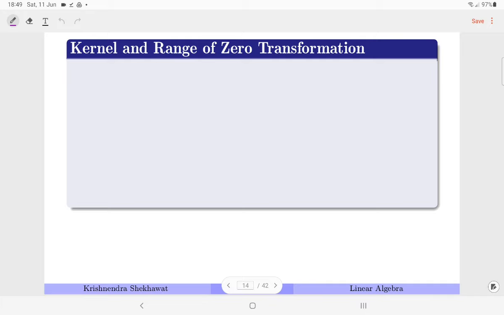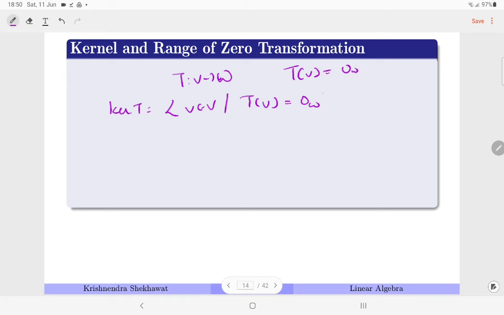Recall the zero transformation which takes all the vectors to the zero vector. T is from V to W such that T of v is equal to the 0 vector. We need to find the kernel and range of the zero transformation. So, kernel T is all those vectors whose image is the 0 vector.